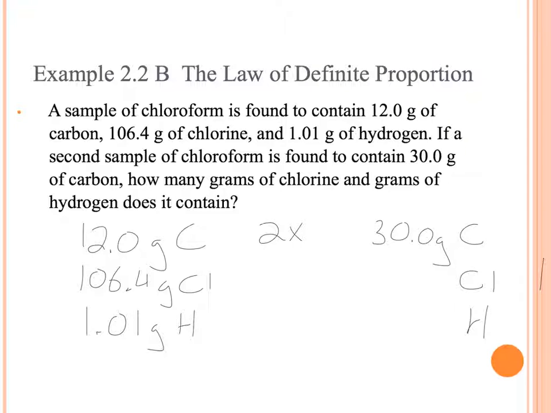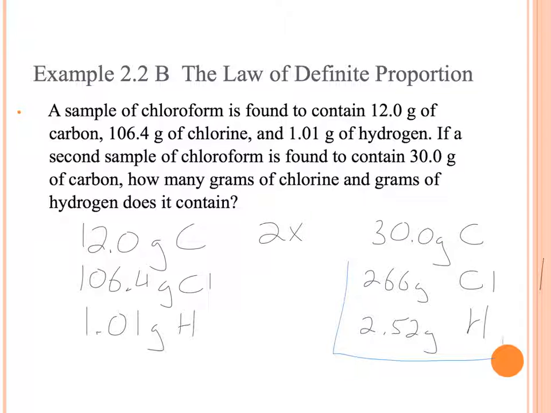If my chlorine is 2.5 times bigger, we're going to get 266 grams of chlorine. And if my hydrogen gets 2.5 times bigger, we're going to get 2 grams of hydrogen.